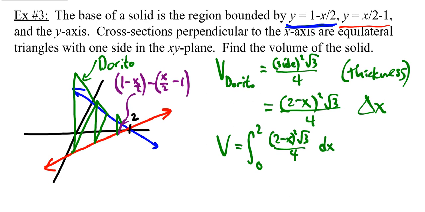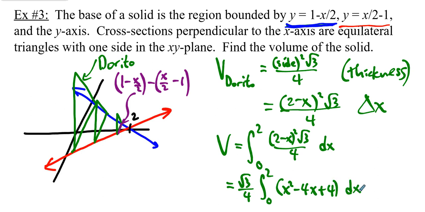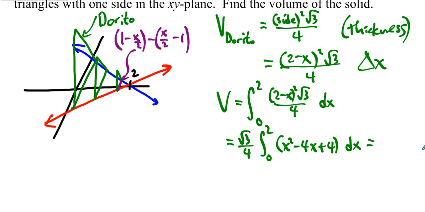How do we do this integral? Well, the radical 3 over 4 comes right out because it's a constant multiple. And I passed algebra 2, so that's that. And then we take an antiderivative, sub, and subtract.